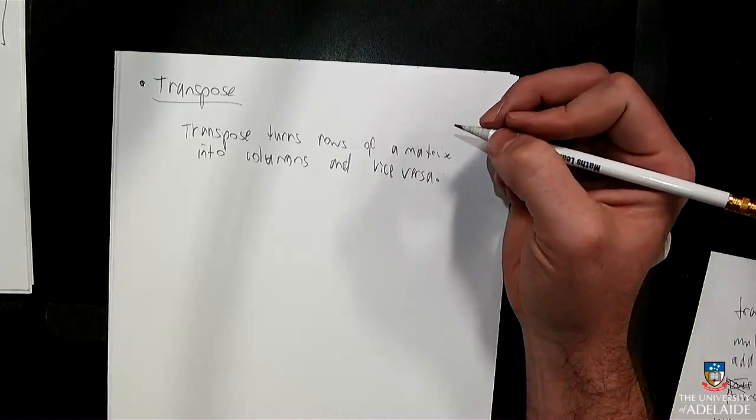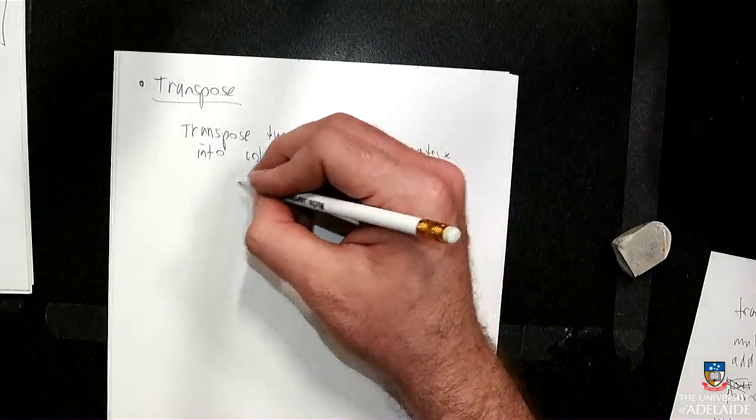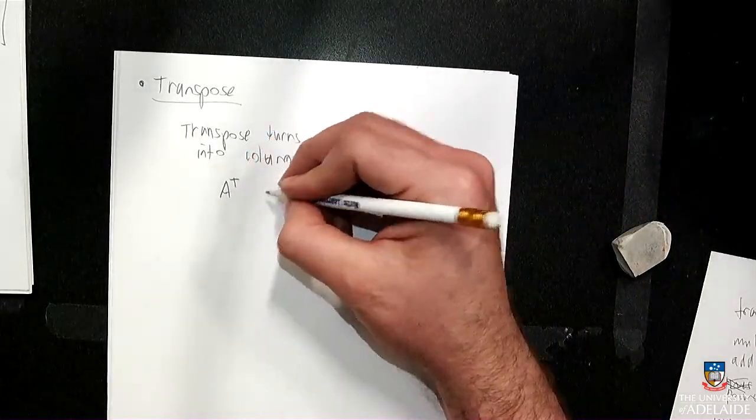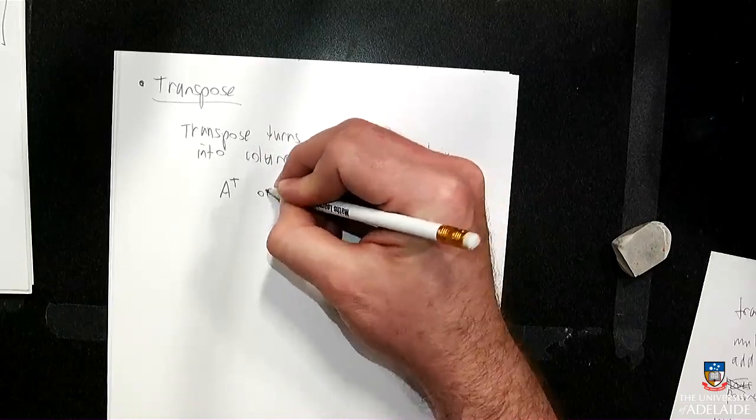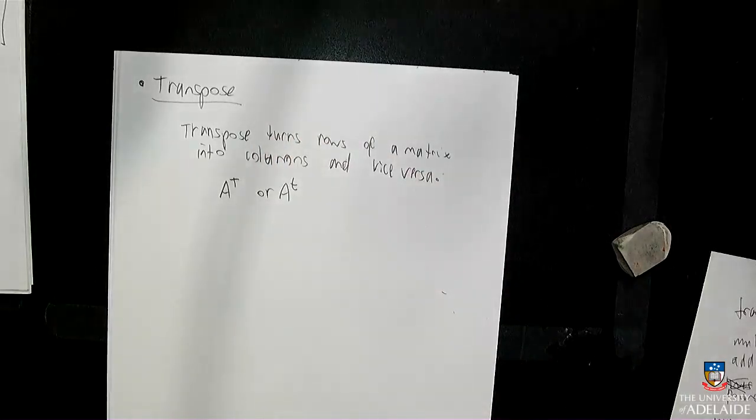It's denoted like this, A transpose or possibly A little t. It doesn't really matter. Some people use a capital T, some people use a small t. Some people use a symbol that is very similar to a t but is a bit shorter, just to make it a little different to an actual t, like a perpendicular sign but upside down. But for most people it's just a t, t for transpose. And it looks like a power, but it is not.